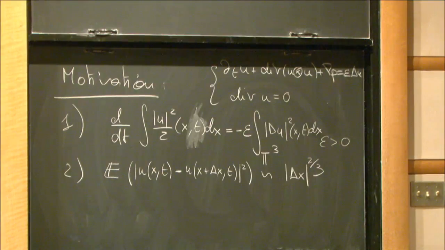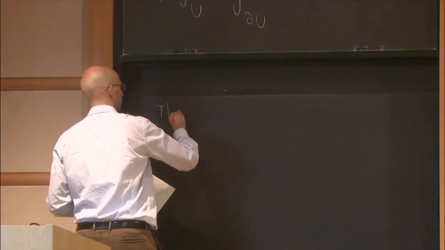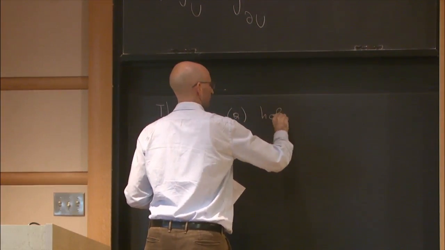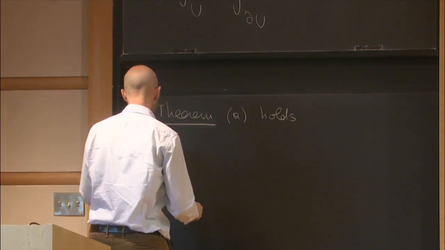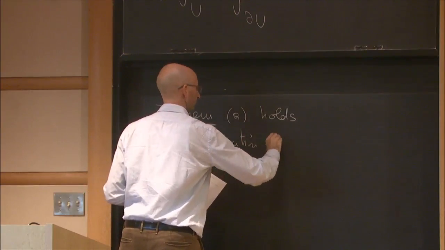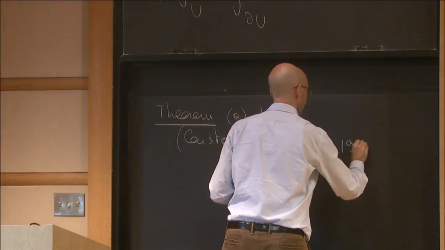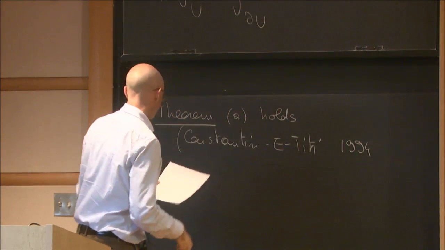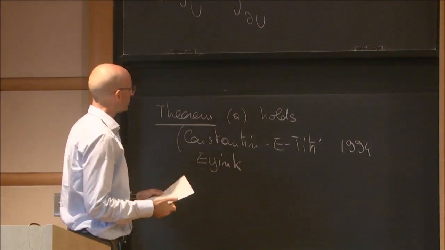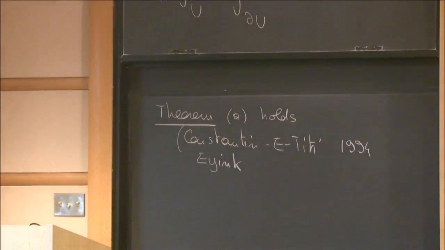Okay, so now part A of the conjecture is a theorem. And this was proved by Constantin, E and Titi in 1994, after a previous work by Eyink around the same time, which didn't quite prove A, but proved A in a scale of spaces which is not exactly the Hoelder spaces.